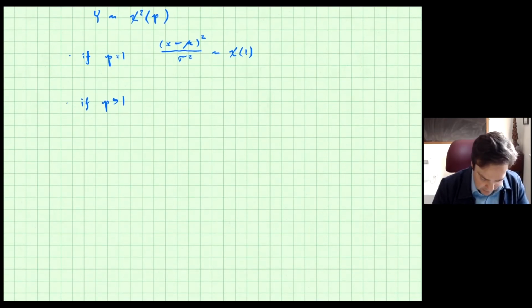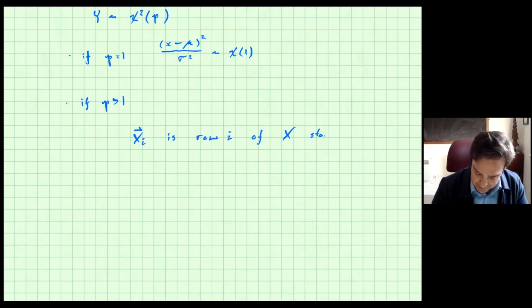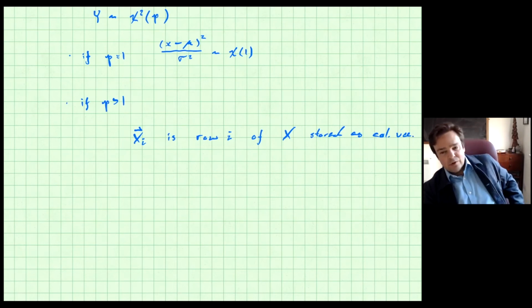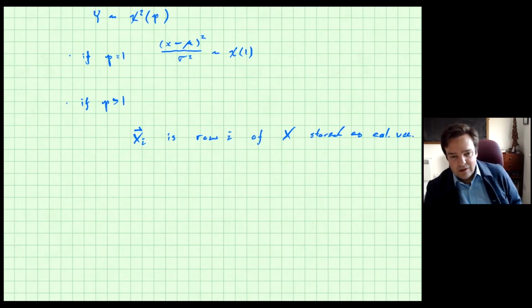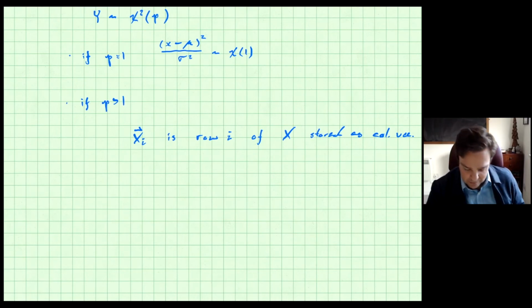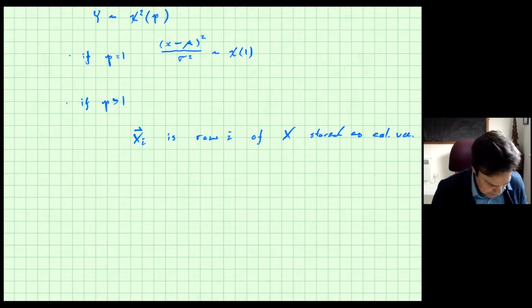Let's say that x_i as a vector is row i of the data matrix, but stored as a column. I hope that makes sense. You take out a row of the data matrix and rotate it so that it's a column, and that's your column vector that comes from a row of the data matrix.